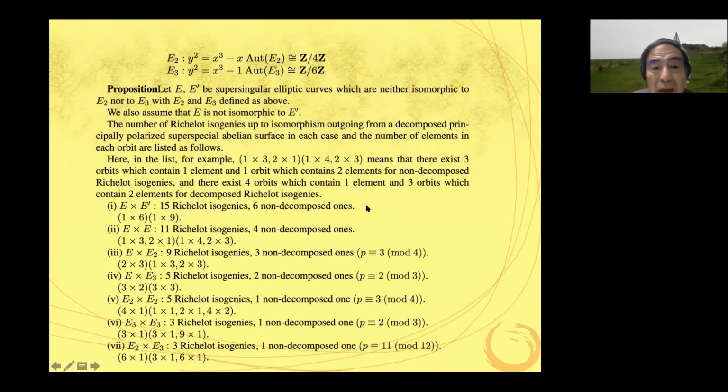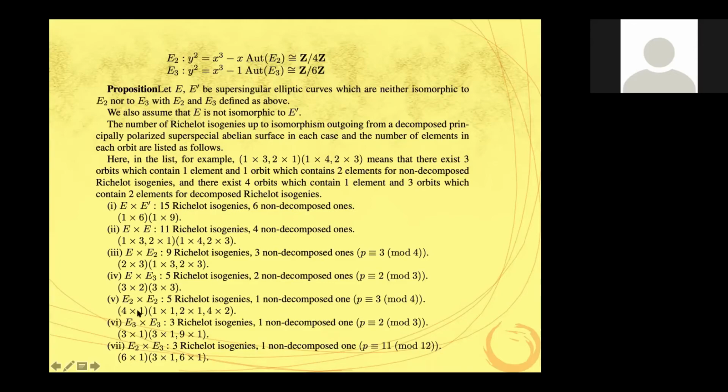Then the result is very similar to the case of irreducible curves of genus 2. Anyway, we consider the orbits on the set of isotropic subgroups and consider the locus, and then we get such a very concrete result.